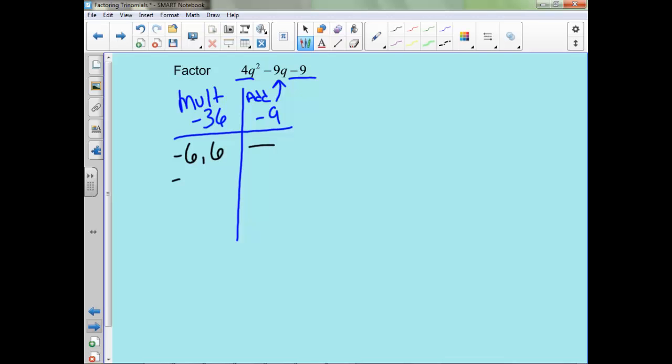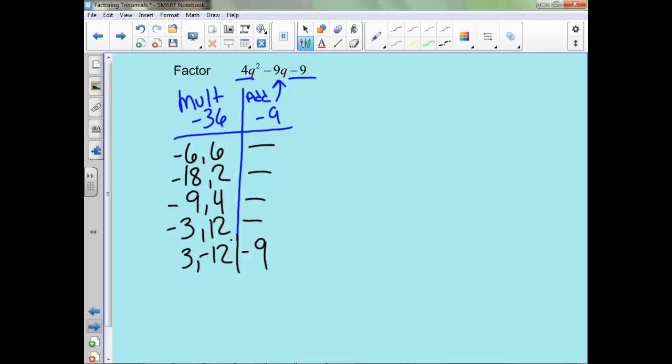We can do negative 18 and 2, and that won't work. What about negative 9 and 4? Nope. What about negative 3 and 12? Well, that would get us to positive 9, so we're close. So what about 3 and negative 12? Well, that will get us to negative 9, so those are our two numbers.